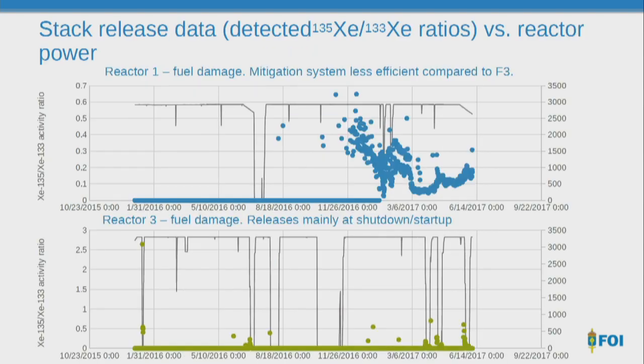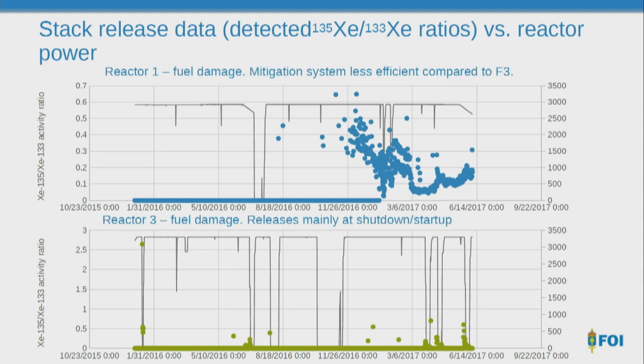And you can see here, for instance, that reactor 1 has some fuel damage, but here you can see the ratio between 135 and 133 detected in the stack. Here we have no particular relation with the power history and the data, but here we have.